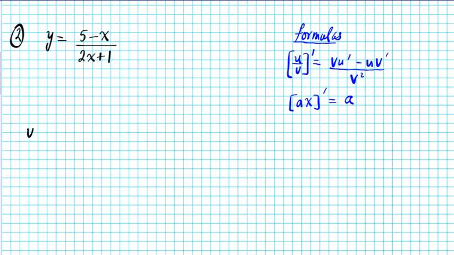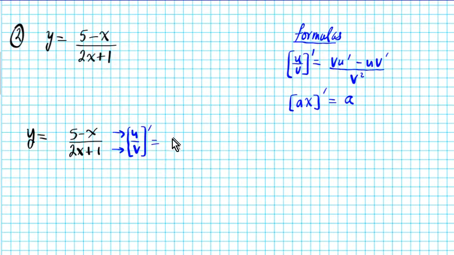So now we have y is 5 minus x divided by 2x plus 1. The numerator function is u and the denominator function is v. Okay, so we have (u over v) prime.